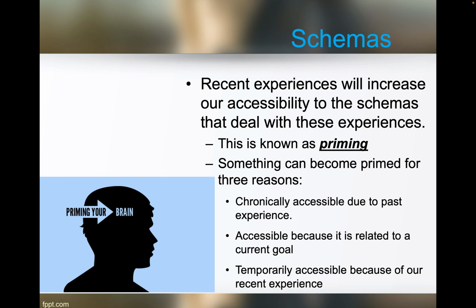And of course, this has been a problem with law enforcement. They see statistics, and their schema is that African American males are more prone to criminality, which isn't really true.